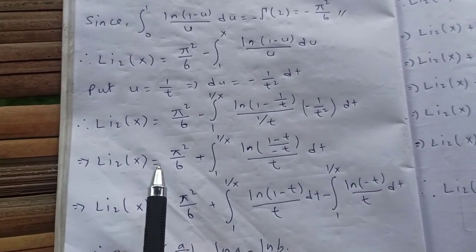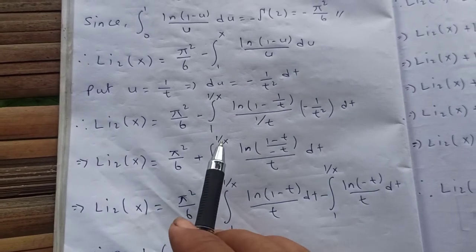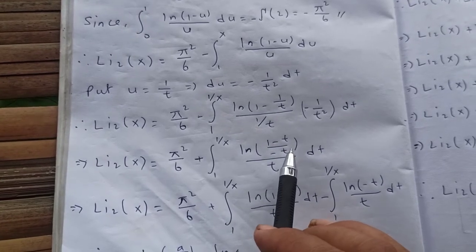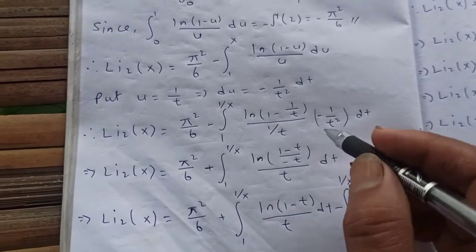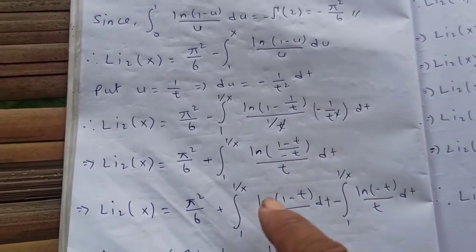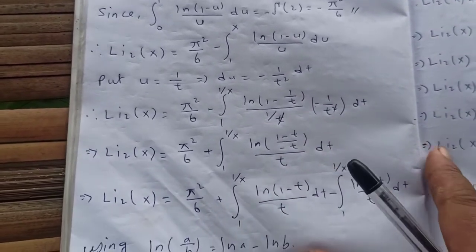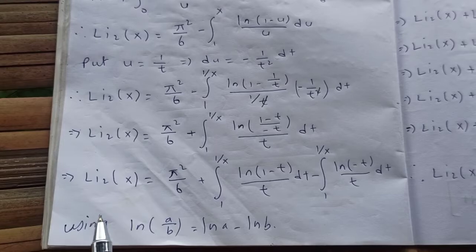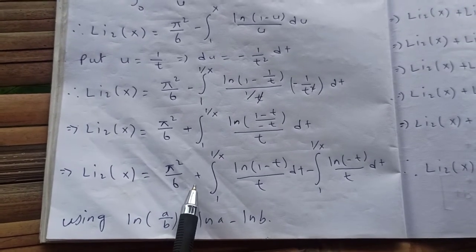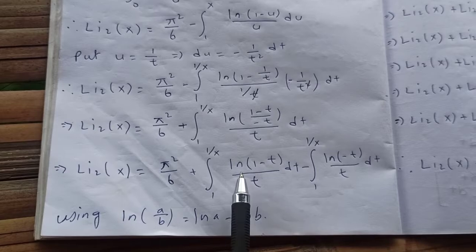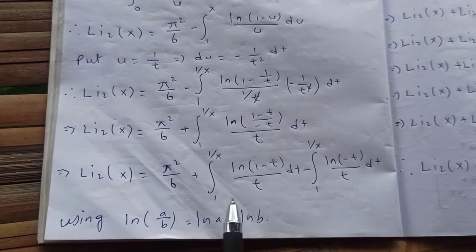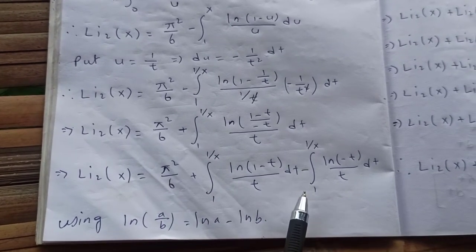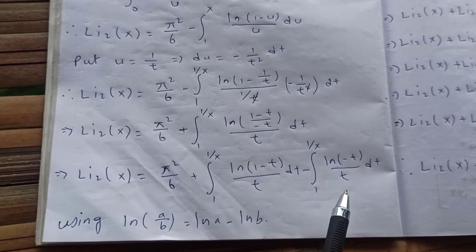So Li2 of x is pi square over 6 plus the integral from 1 to 1 over x of log of, simplifying, 1 minus t by negative t, upon, so this t and one t get cancelled, t will be there again, dt. Now using log of a by b is log a minus log b, Li2 of x is pi square over 6 plus the integral from 1 to 1 over x of log of 1 minus t by t dt, minus, this minus and this plus become minus, the integral from 1 to 1 over x of log of negative t upon t dt.